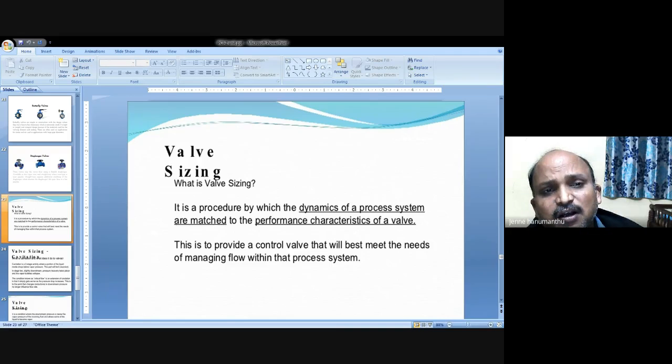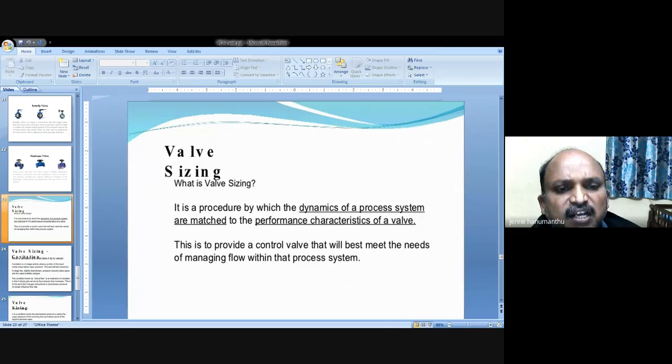So based upon the input, the liquid or any fluid, we need to select a control valve. Control valve sizing depends upon the fluid flow rate.